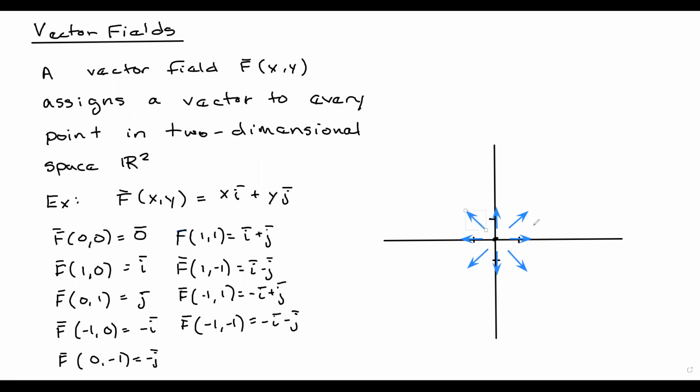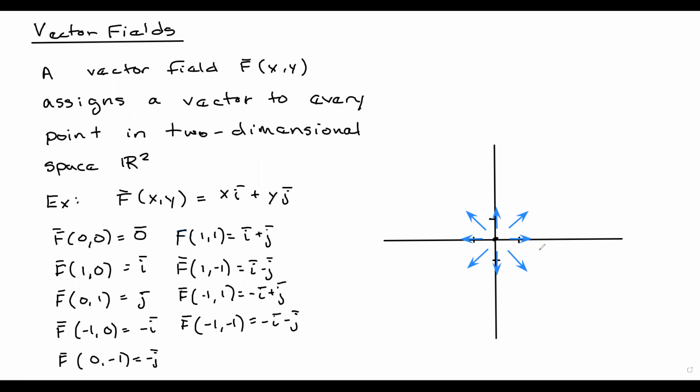These vectors should be longer than the ones on the coordinate axes. The length of i plus j is going to be square root 2, while the length of i is just 1. So they should appear a little longer than the ones on the axes.